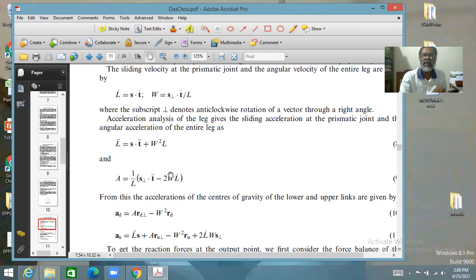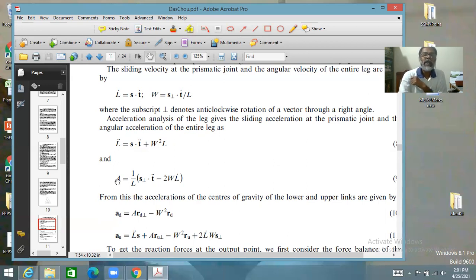From that we subtract the Coriolis magnitude, and then that becomes alpha into L. So we divide by L and get the angular acceleration. The way the angular velocity of the leg we are showing by W, the angular acceleration of the leg we are showing by capital A.